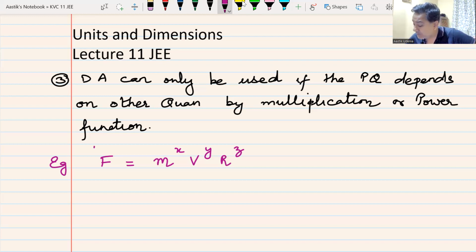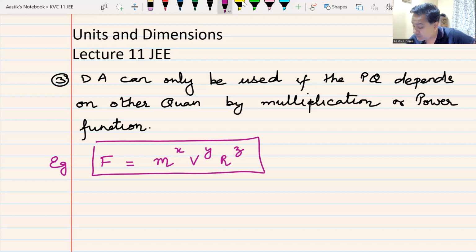It depends on multiplication. So a rough formula can be derived using dimension analysis. Do we understand this? We have done that. Yes or no? So if the relation is of this type, we can derive the relation.